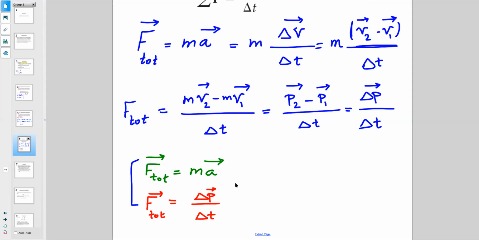So that's why Newton's second law is very famous, because it can relate the change of the momentum of an object with the amount of force that is applied to it, right? So we have two different forms of Newton's second law that you can see on the screen, each of which will solve some sort of problems for us.